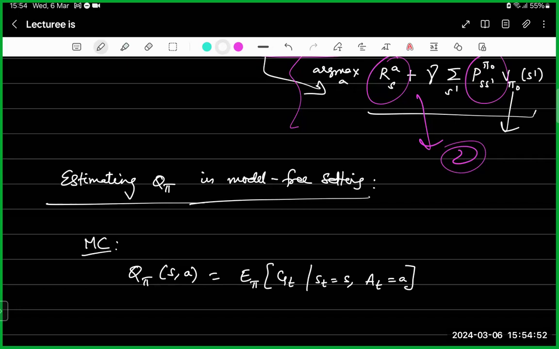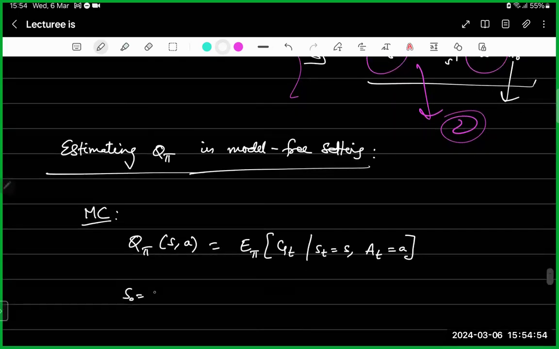So you take your s naught equal to s and a naught equal to a, and you continue the episode. The environment will give you some reward and a new state, and then from a1 you act according to pi.